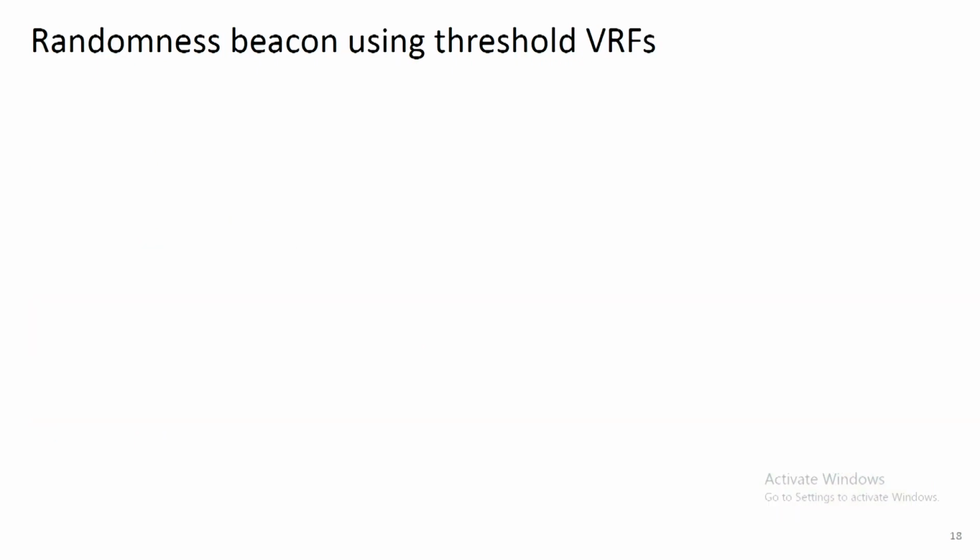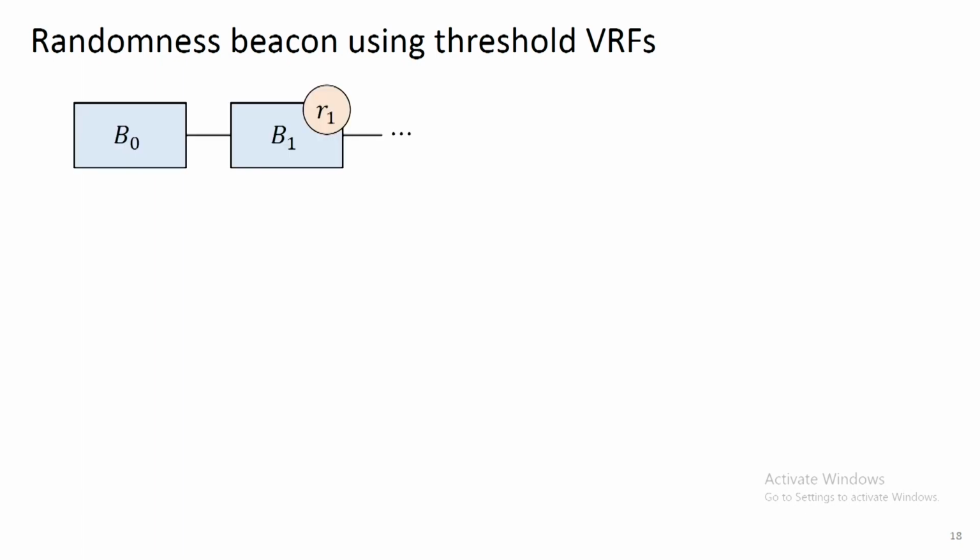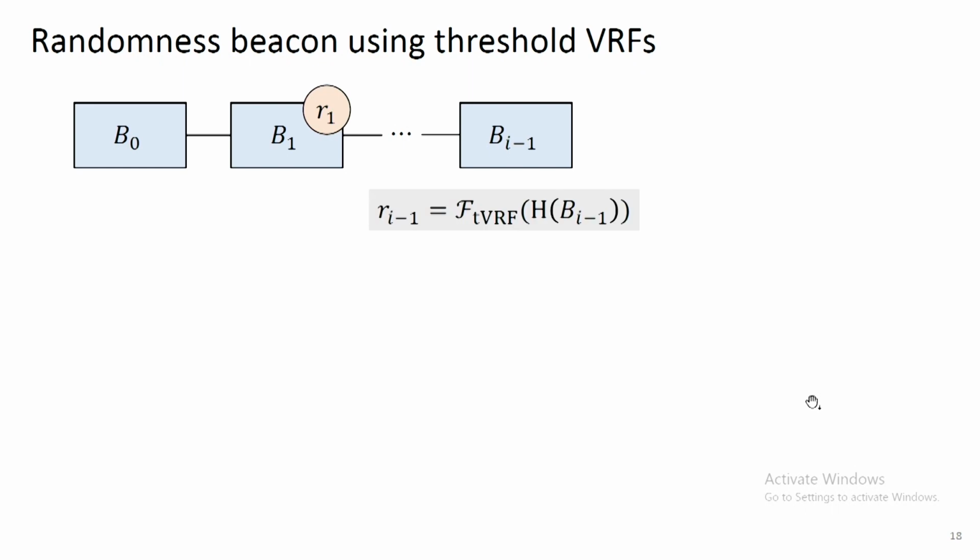Okay, good. So given a threshold VRF, how do we use it to get a randomness beacon? It's very simple. For the I-1 block, we compute this fancy looking function, but it is nothing fancy. We take the block hash and evaluate the VRF on the block hash. Note that the VRF takes an input, which is the message.